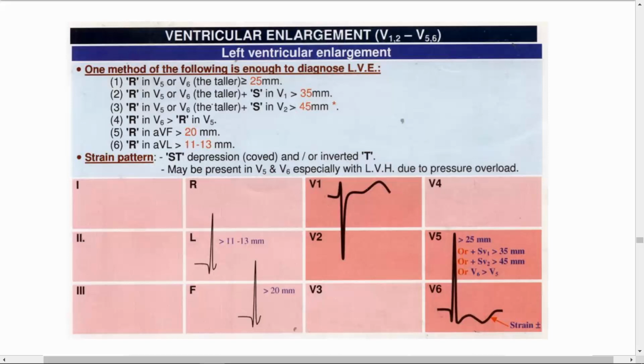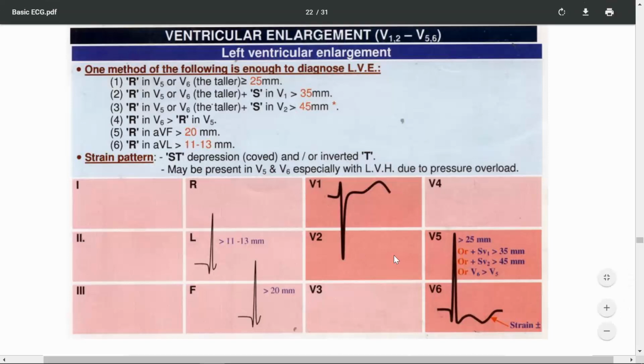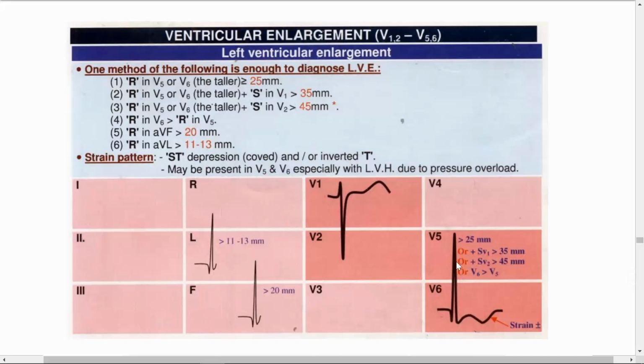First criterion for left ventricular enlargement: we look for the R wave in V5 and or 6, whichever is taller. If it's taller in V5, we depend on it. If taller in V6, we depend on it. The taller R in V5 or V6 should be more than 5 big squares or 25 millimeters, okay?